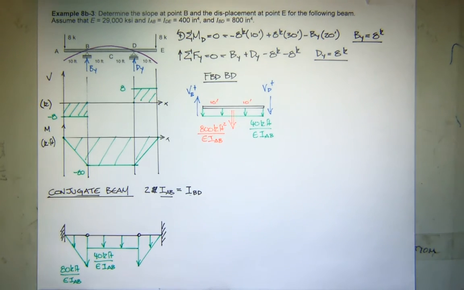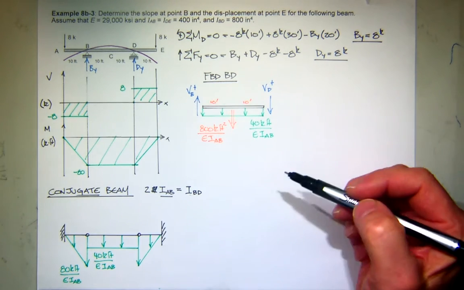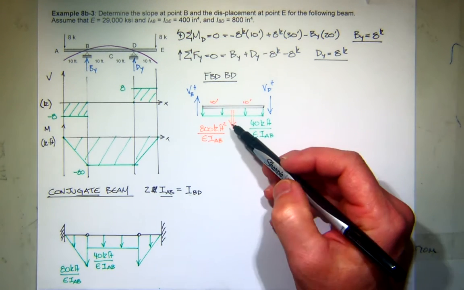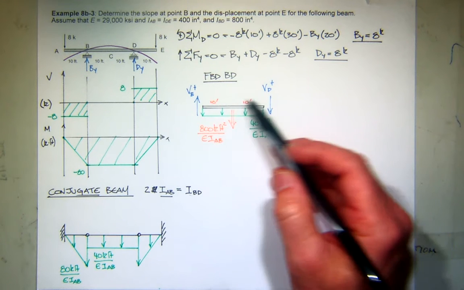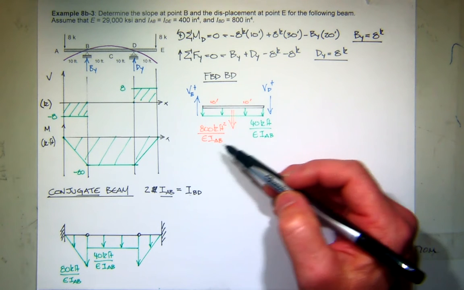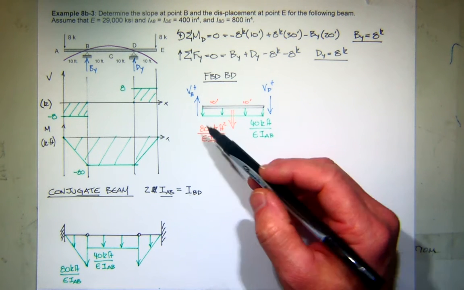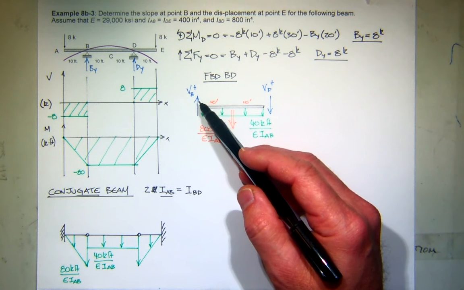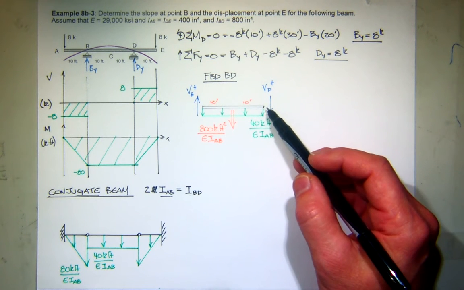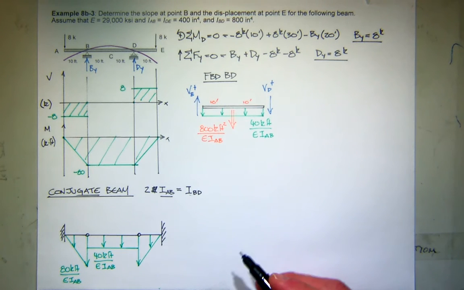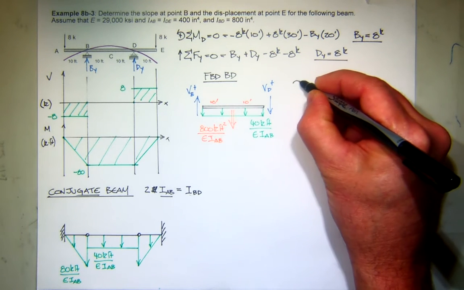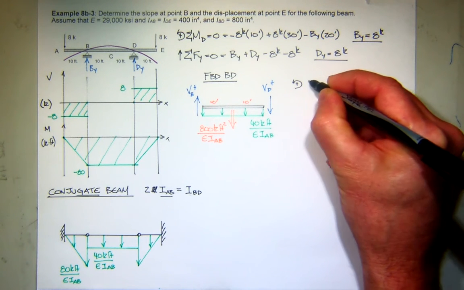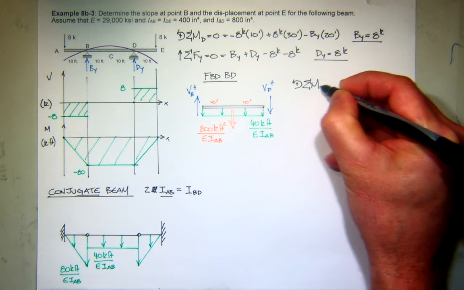I bet you can guess what the shears are going to be. This load is probably going to be distributed equally to each one, so I'd probably get a value of 400. But let's get the sign right. So to find the shear at B, I'm going to sum moments at D. I'll assume right-hand rule.